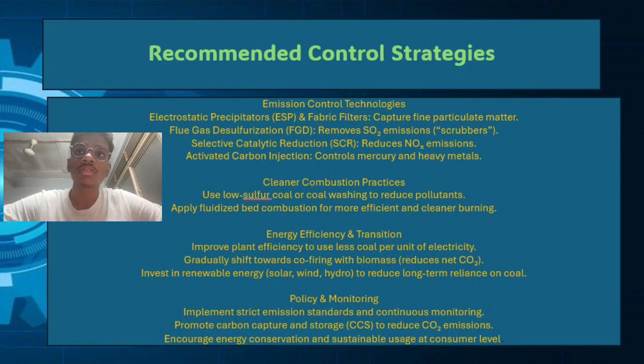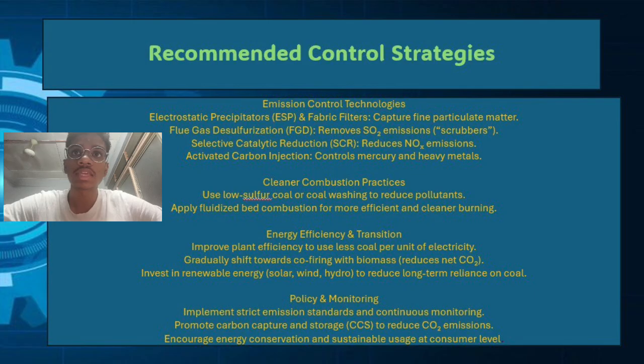So for emission control technology, first of all, we have electrostatic precipitators, which are also known as ESP, and fabric filters. The function of this strategy is to capture fine particulate matter. And next we have flue gas desulfurization, which is also known as FGD, which is used to remove sulfur oxide emissions, also known as scrubbers.